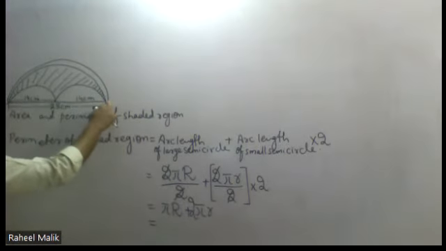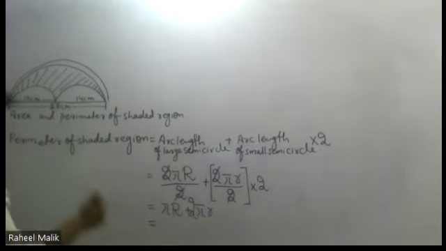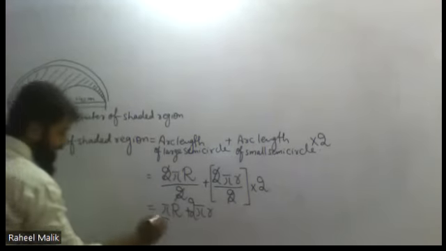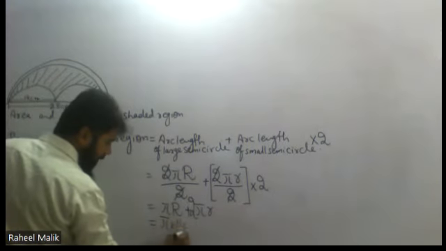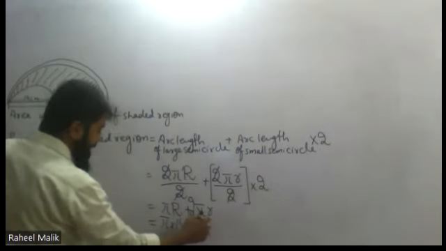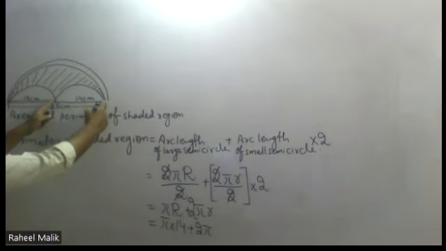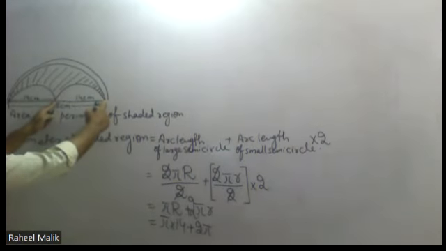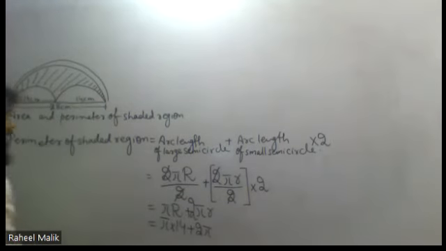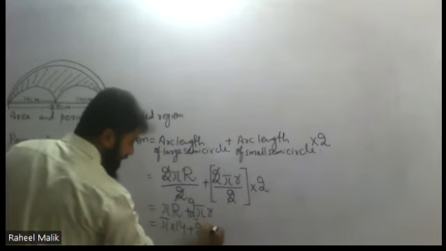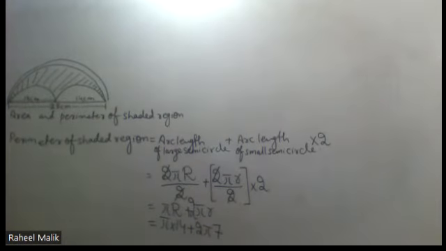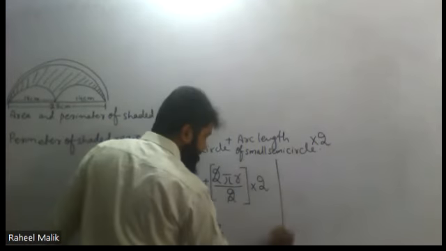The diameter is given as 28. I will be using half of it. Pi times half of 28, which is 14, plus 2 times pi, and the diameter of the smaller one is given as 14. I need the radius. Radius is half of diameter. So half of 14 will be 7.